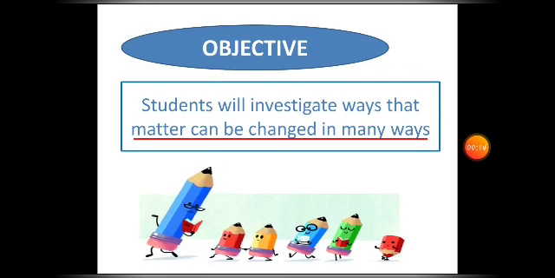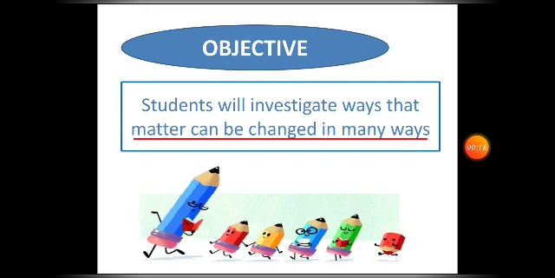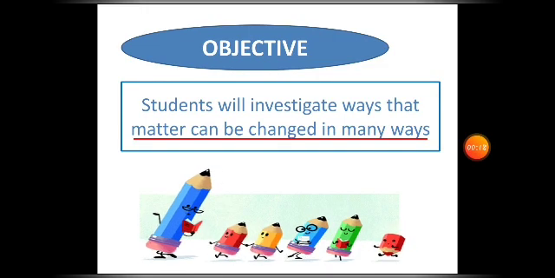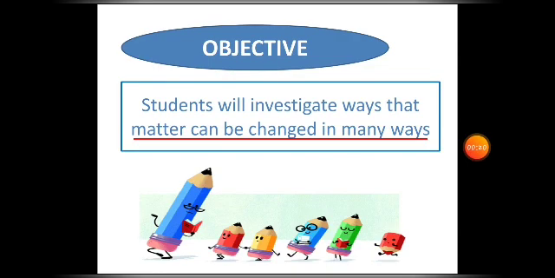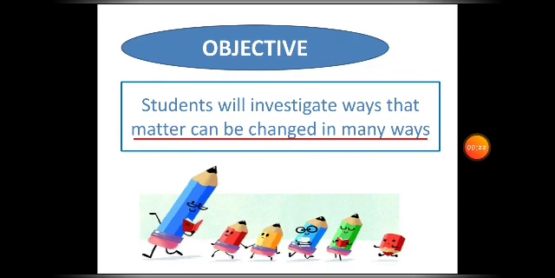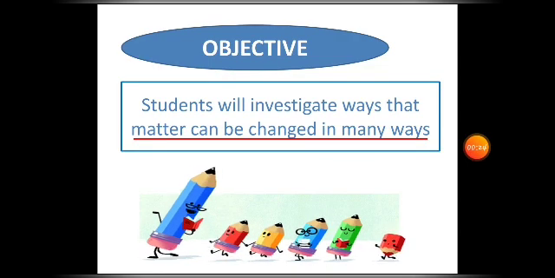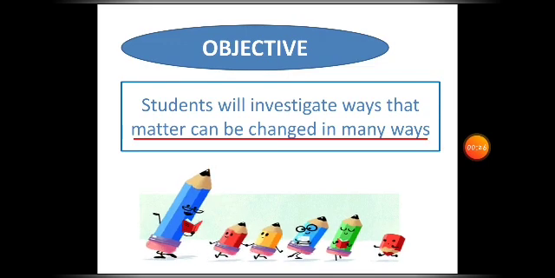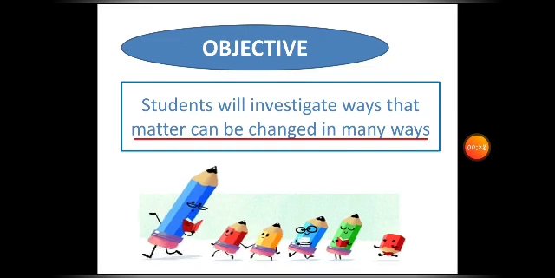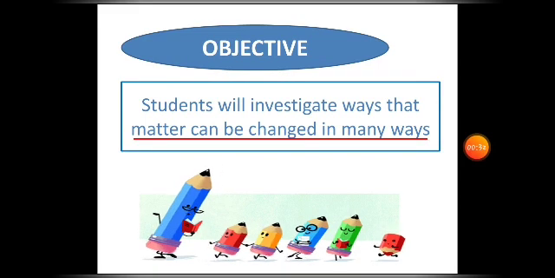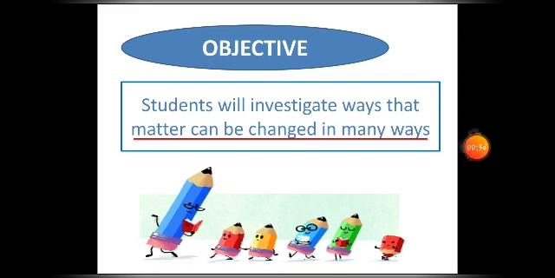Here, I am expecting that by the end of this 2-day lesson, each one of you will be able to identify ways in how to change matter. Okay? So now I want you to sit there and be ready with the continuation of our lesson.